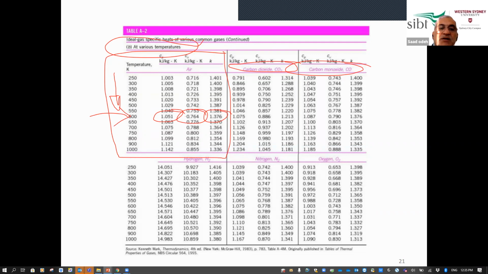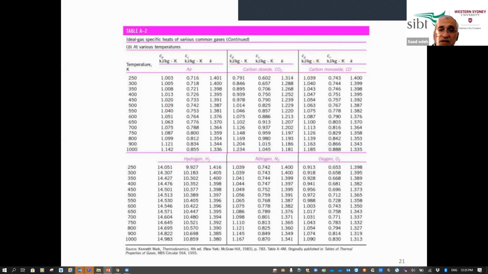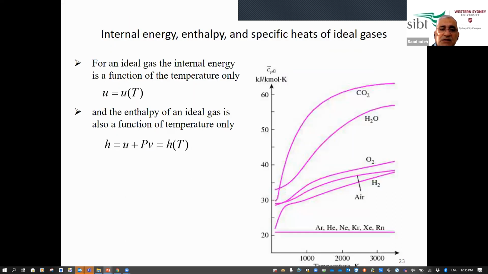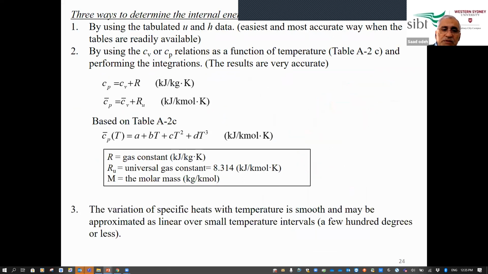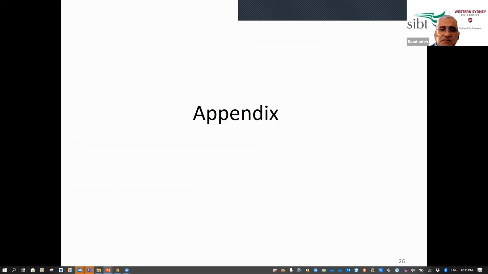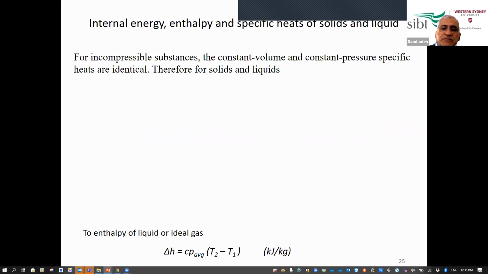So once you know the temperature, you come to table A2 and find the CP value. If you know the CP value, it's easy to find H, enthalpy, or internal energy. There are other ways of finding U and H, but as I said before, we'll talk about this next week, because there is still more to talk about.